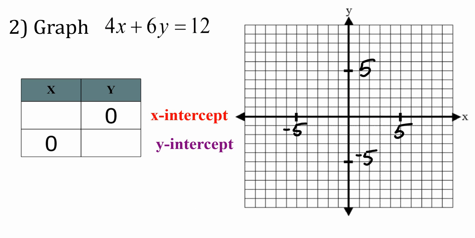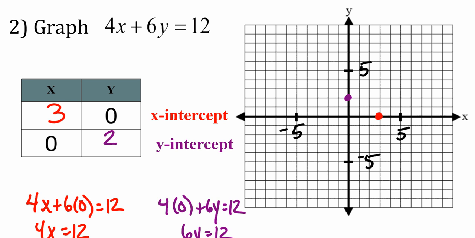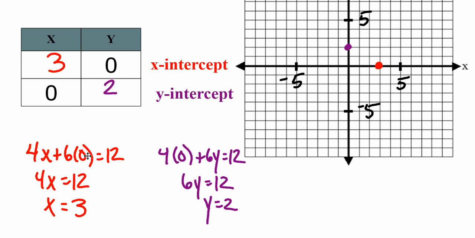Now, if you wanted to find the x-intercept and y-intercept, that is fine as well. Remember, to get the x-intercept, you're substituting 0 for the output, the y, and to get the y-intercept, you're substituting 0 in for the input to solve for the y value that you need. So again, if you did your substitutions correctly, to find the x-intercept, substituting in for y, solving for x, you get a value of 3.